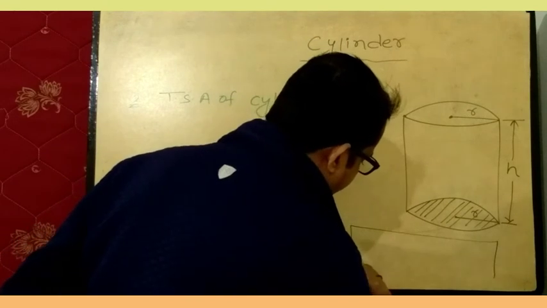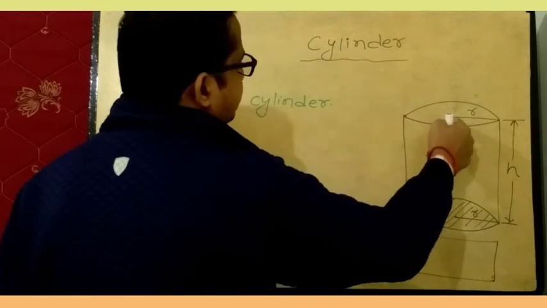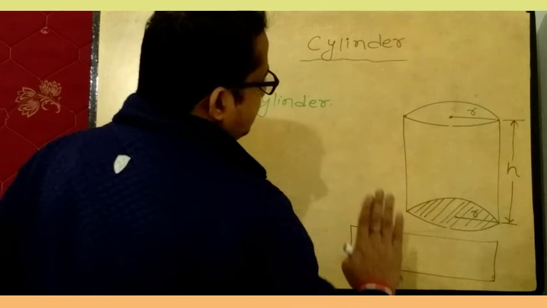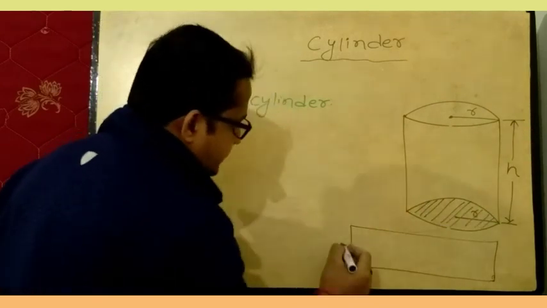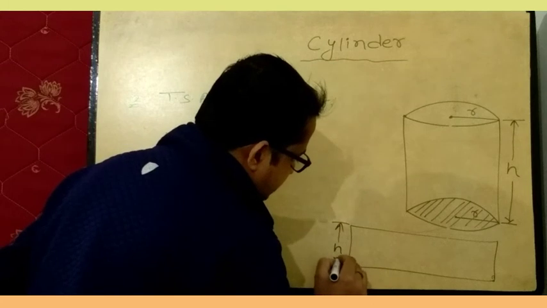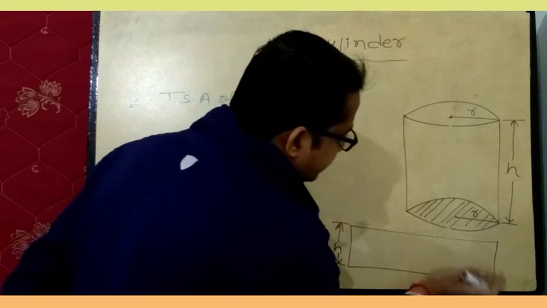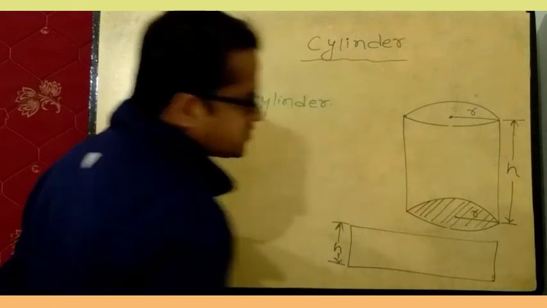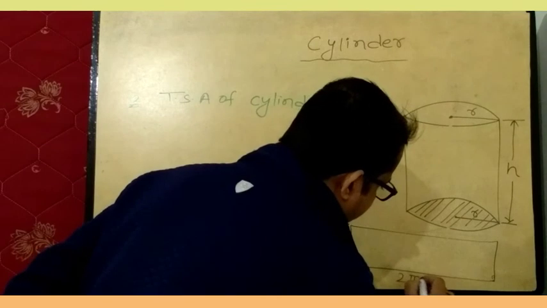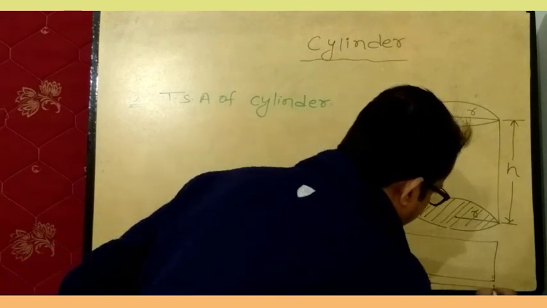Suppose I cut this cylinder from this portion and open it. Then this is the height of cylinder and this length equals the circumference of this circle, which is 2 pi r.